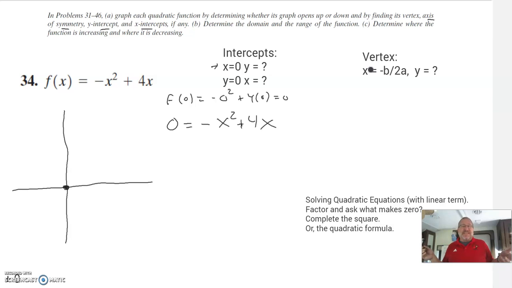So this isn't linear algebra where we can just undo actions. If you have a quadratic term and a linear term like we see here, you have to do basically quadratic algebra, which means we want to either factor it or complete the square or use the quadratic formula.